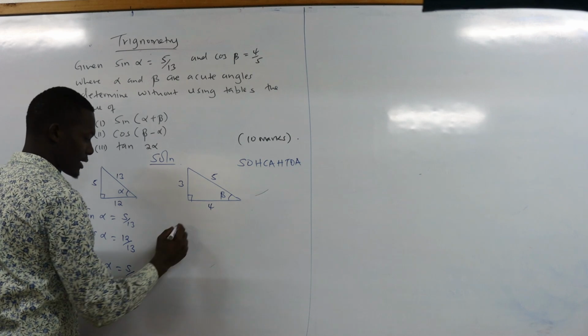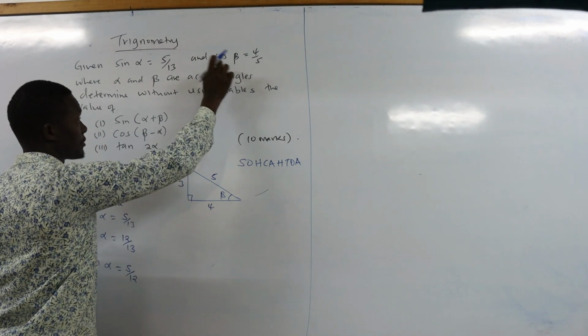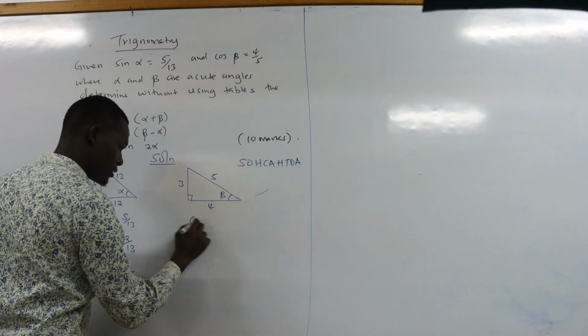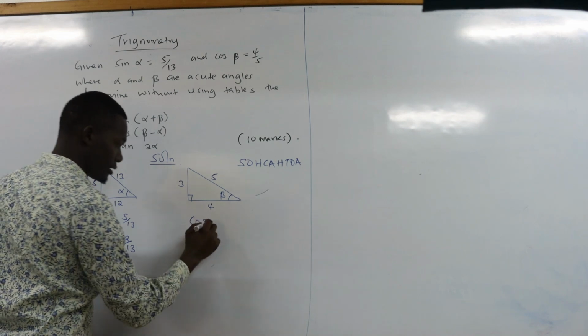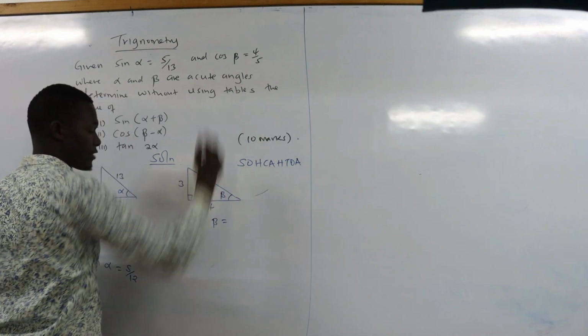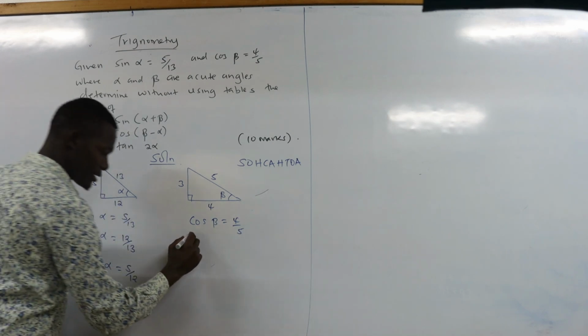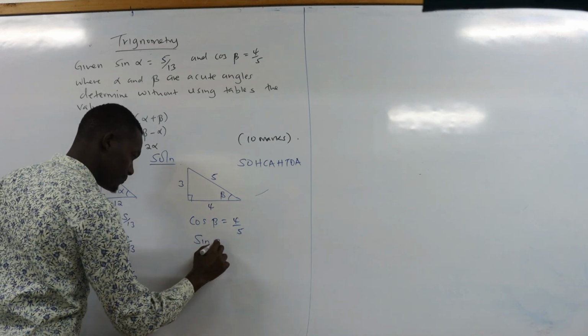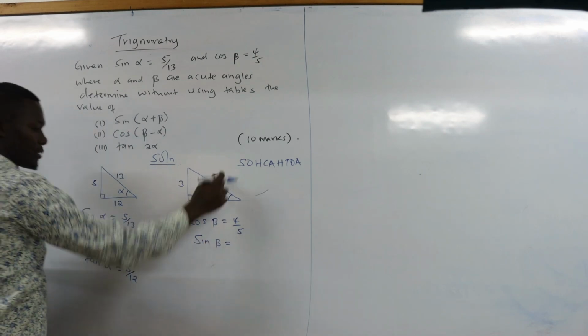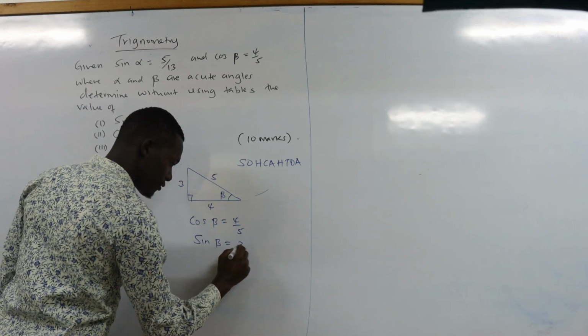Then you come to the second triangle again. We have the cos of beta already given, which is 4/5. Then you come to the sine of beta, opposite over hypotenuse, so it is 3/5.